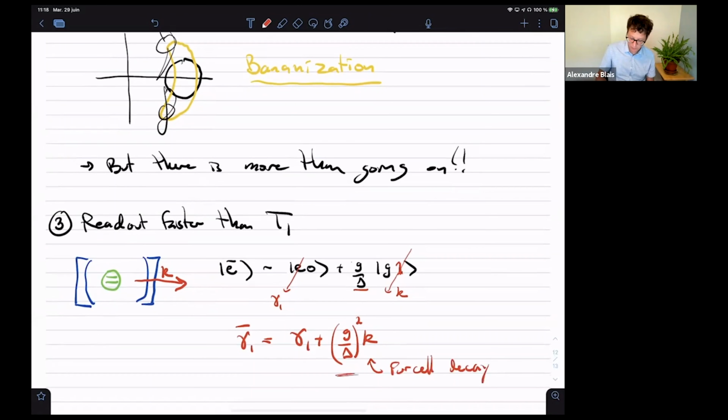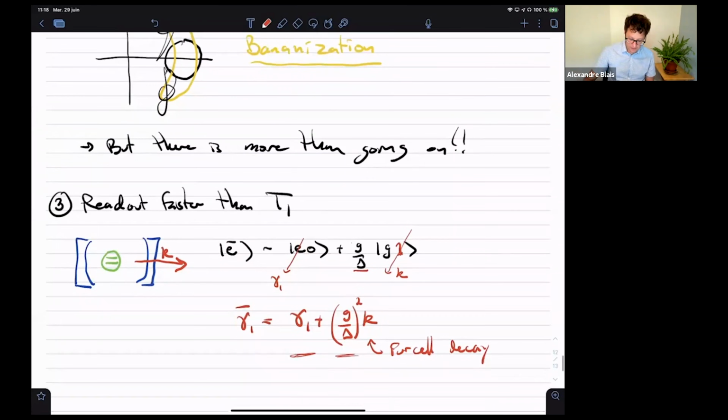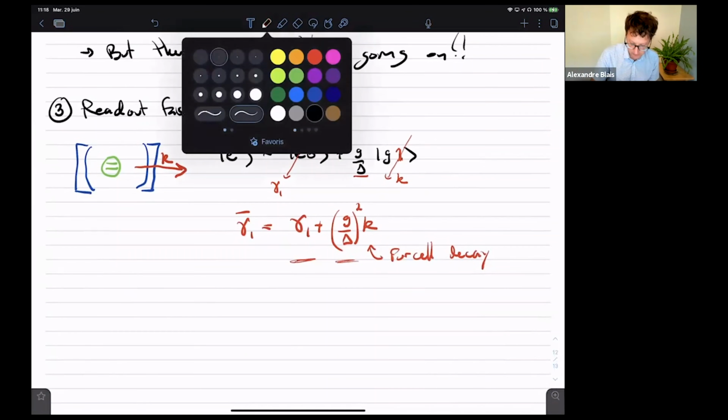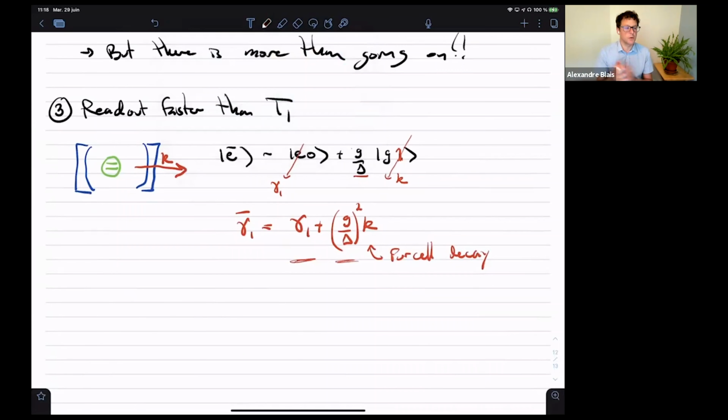It can start to overwhelm the intrinsic T1, and that's obviously bad. So this was seen in first experiments. So now that's another design parameter. You want your kappa to be large, but not too large. And maybe Annie will be able to talk a little bit about ways to mitigate this problem, in particular with what are known as Purcell filters, which can mitigate some of the issues associated with this so-called Purcell decay.